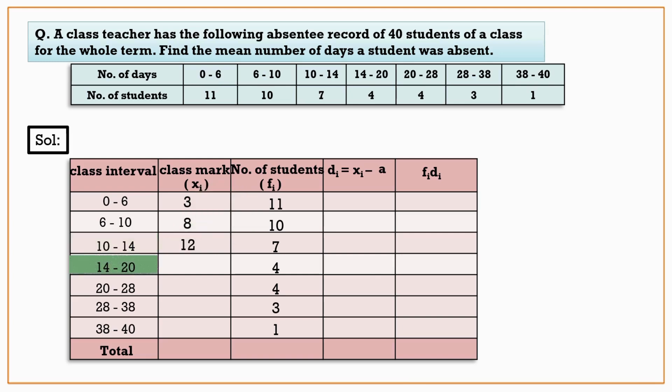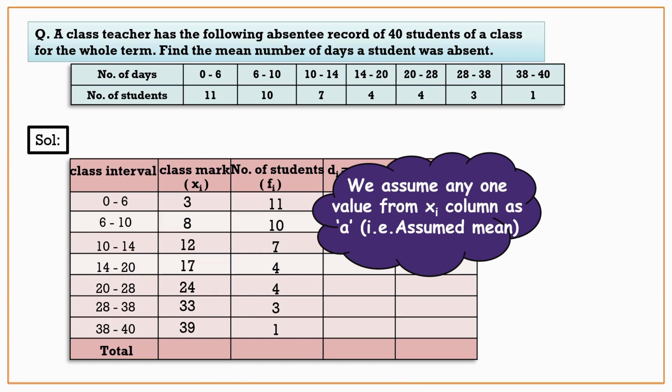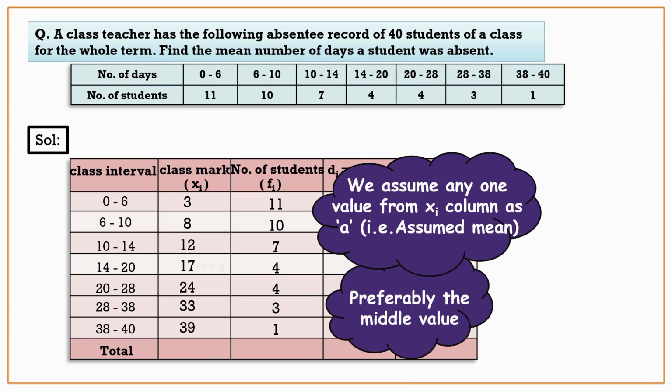So now we'll just calculate this. Okay, so we got all the xi values. Now we will assume any one value from the xi column as a, that is the assumed mean. So preferably the middle value. So let's take 17 as a.